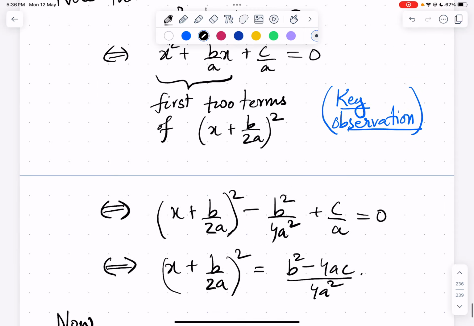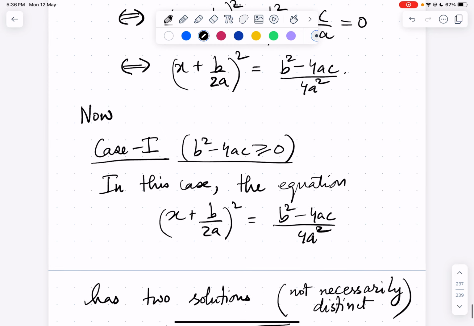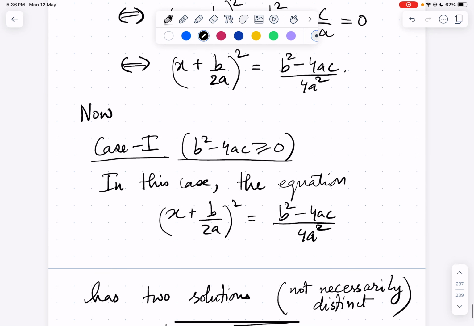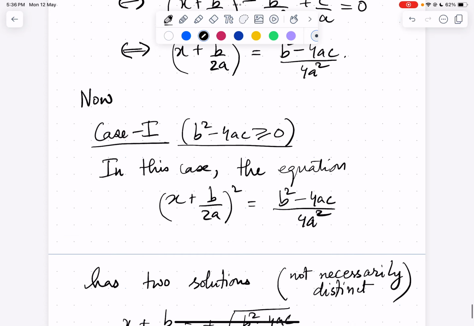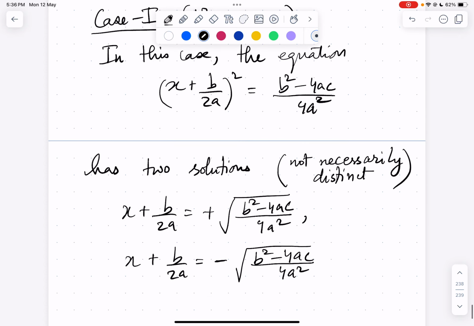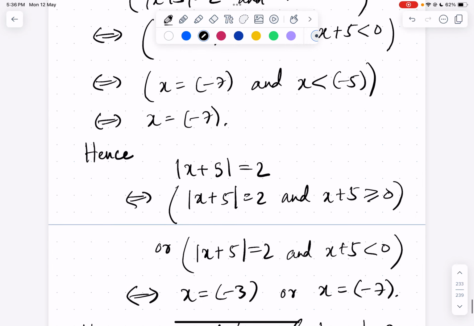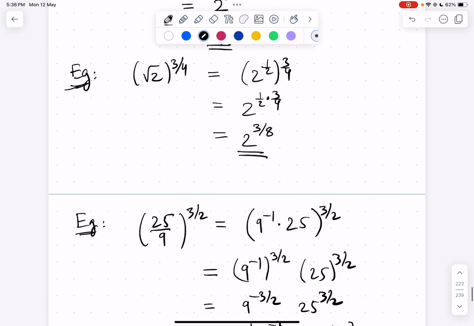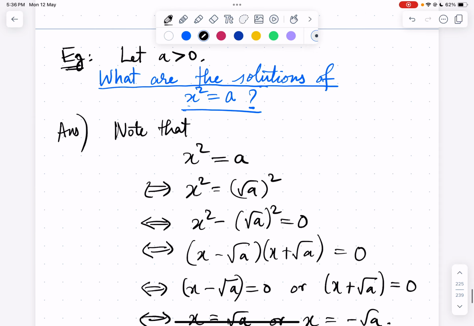I think we already looked at equations of the form alpha square equals beta. Equations of the form alpha square equals beta have solutions alpha equals minus root beta and alpha equals plus root beta. This we get by factorizing. So what are the solutions of x square equals a?